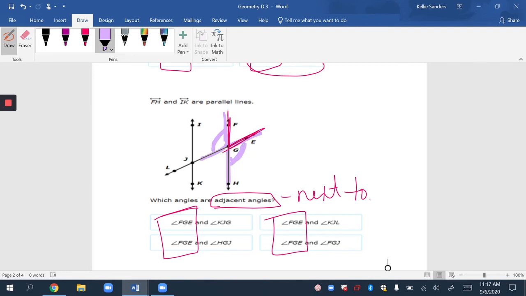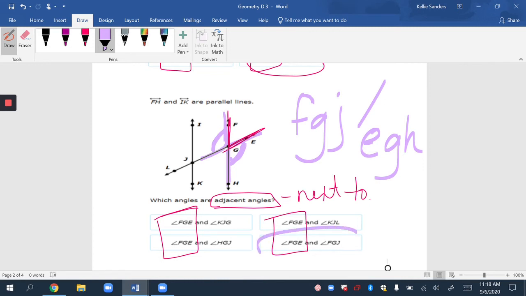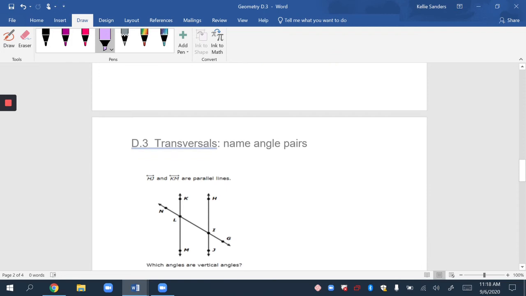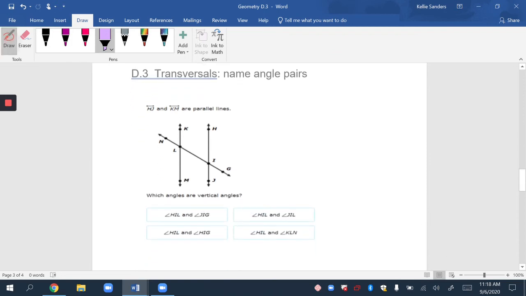Both of them are correct. It just depends on which one they tell you. So either F, G, J, or E, G, H. F, G, J. H, I, L.